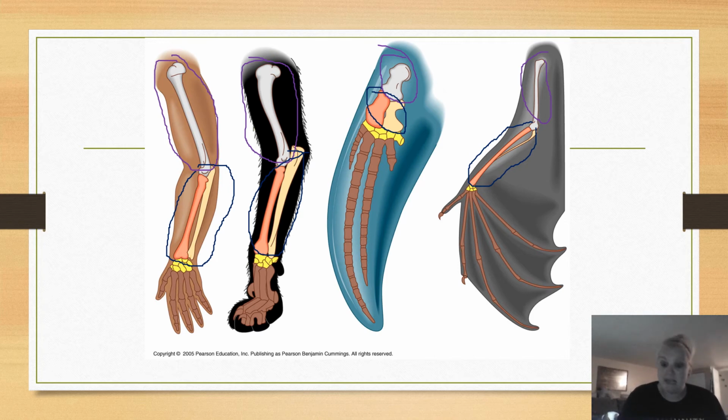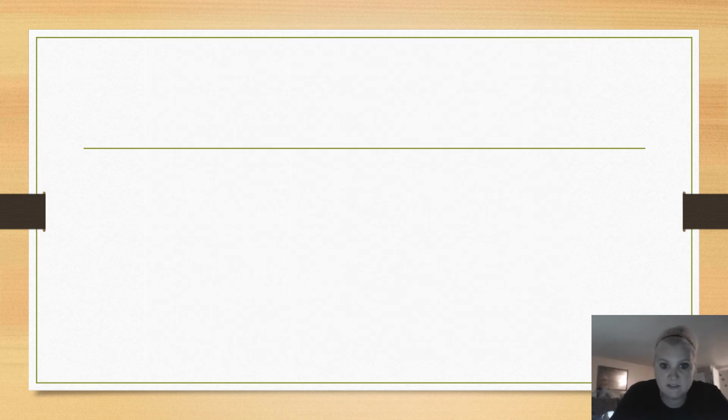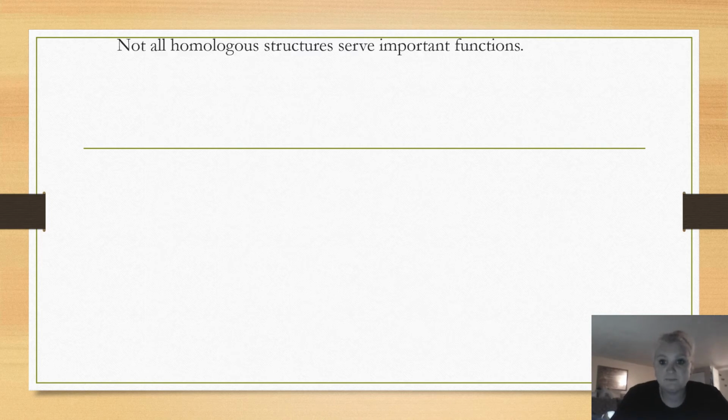And because they go in that same order, they are using the same pieces of tissue to create those different body structures, so there's some similarity there. You can't ignore how similar vertebrates, anything with a backbone, develop, because it's so very similar throughout all of the different vertebrates. So not all homologous structures, though, have a purpose.